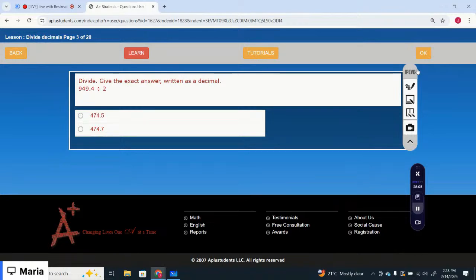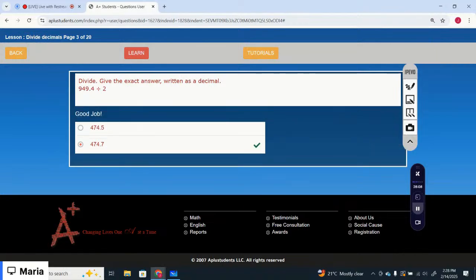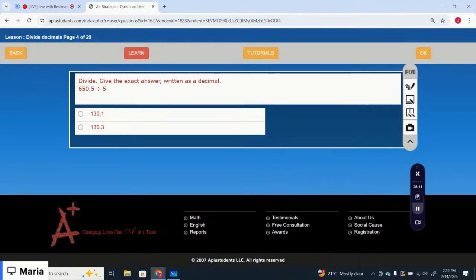That is option number two, 474.7 is the correct option. 650 divided by 5.